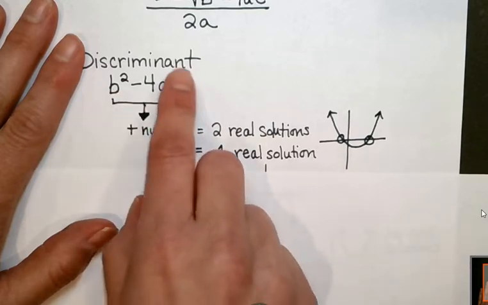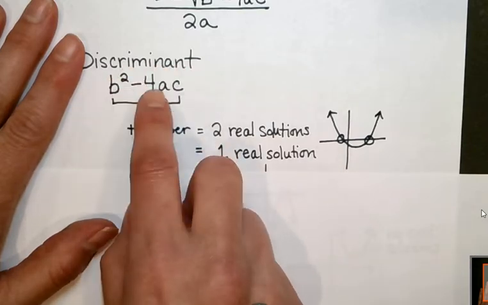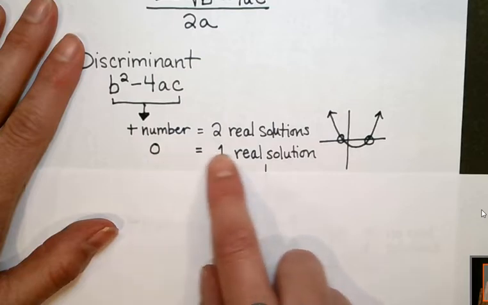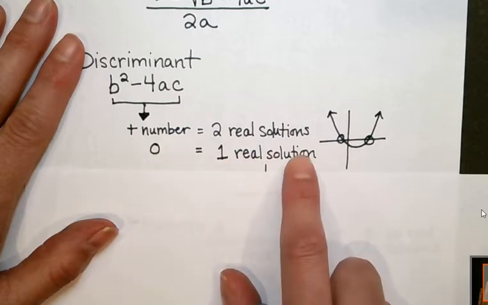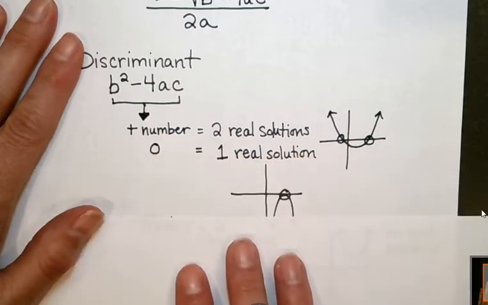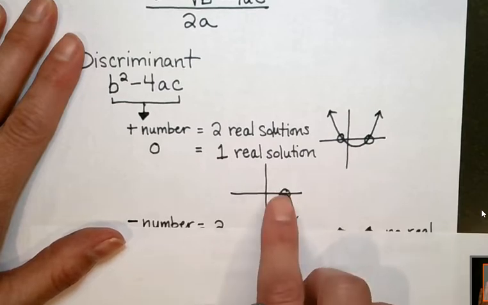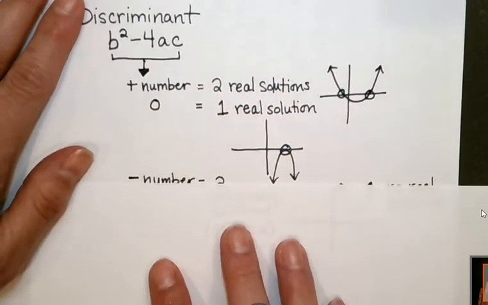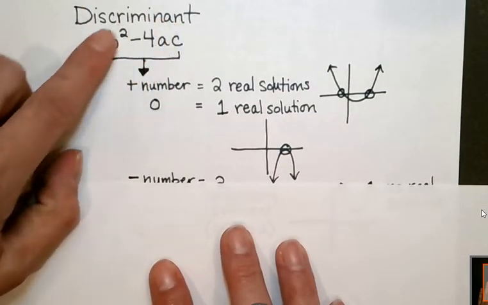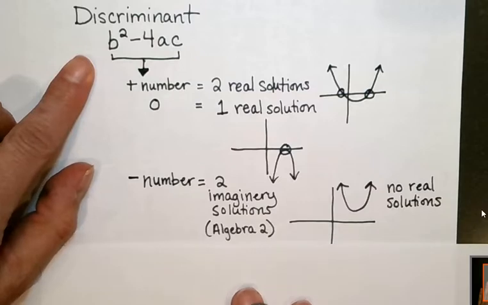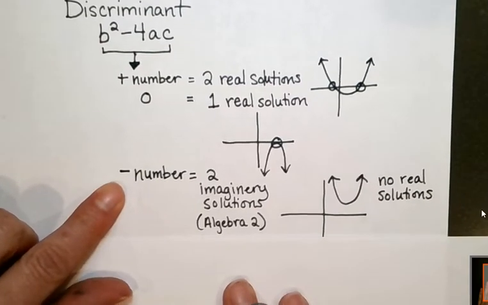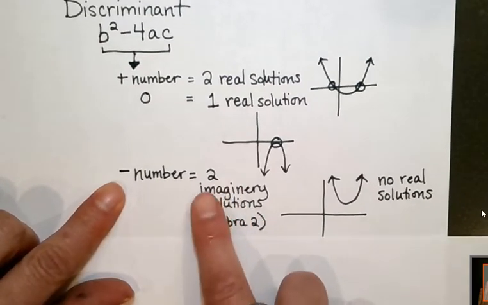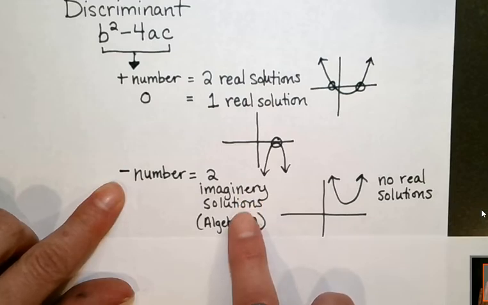If we plug this in and calculate the discriminant and it's equal to 0, that means we will have one real solution. And so our graph would look something like this, where our parabola just touches the x-axis in one place. If our discriminant is a negative number, that means that there will be two imaginary or non-real solutions.